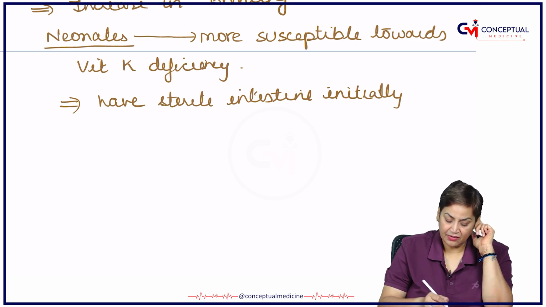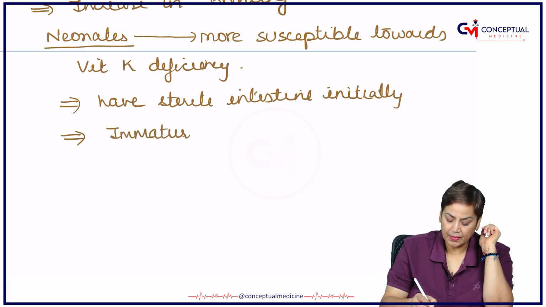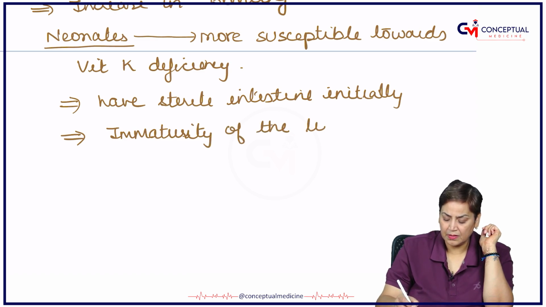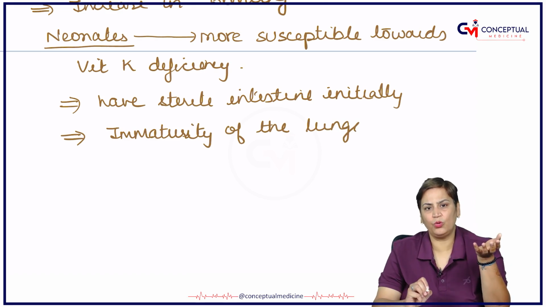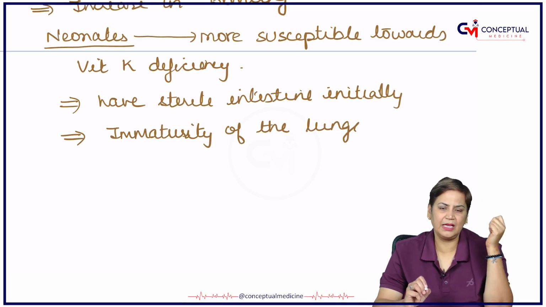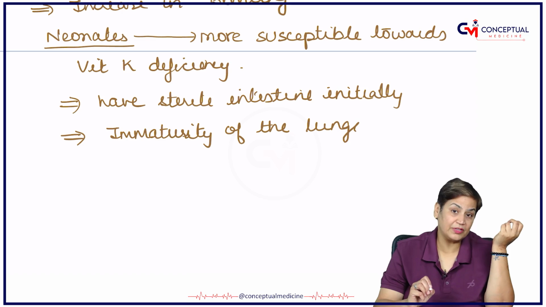Then there is immaturity of the liver also. So they are more prone towards the deficiency of vitamin K. So vitamin K can be given in the form of injections.